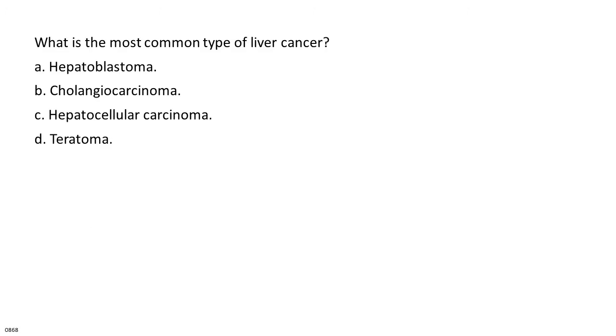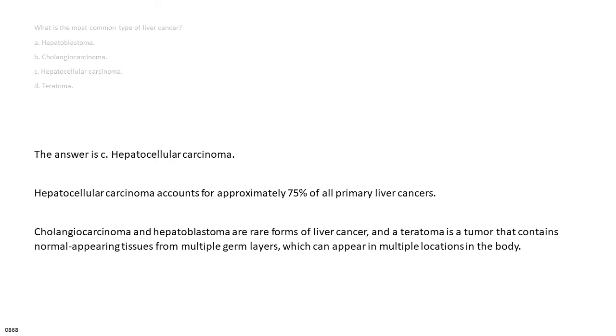What is the most common type of liver cancer? A. Hepatoblastoma. B. Cholangiocarcinoma. C. Hepatocellular carcinoma. D. Teratoma. The answer is C. Hepatocellular carcinoma.